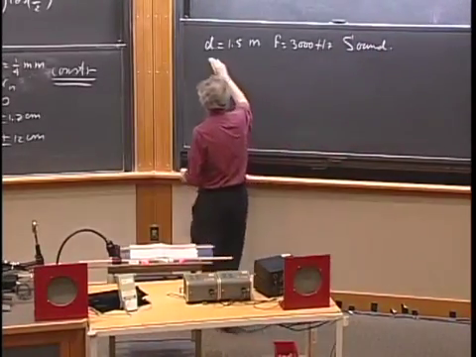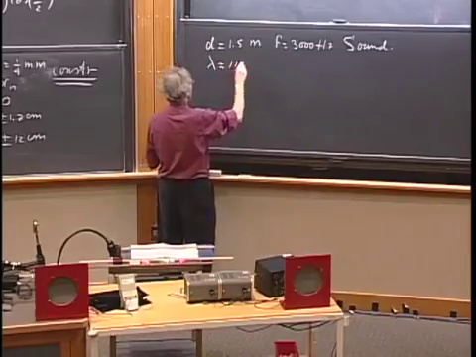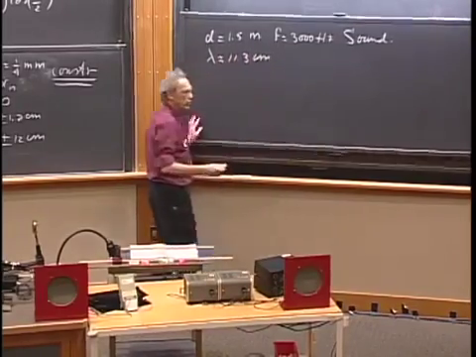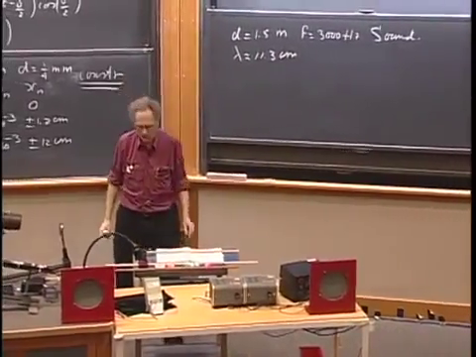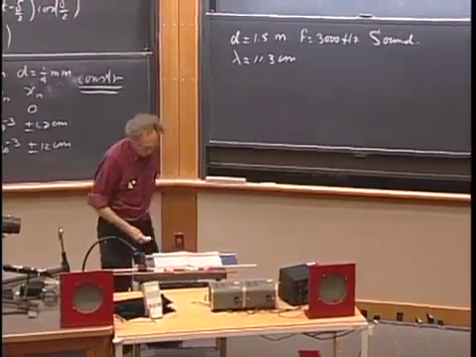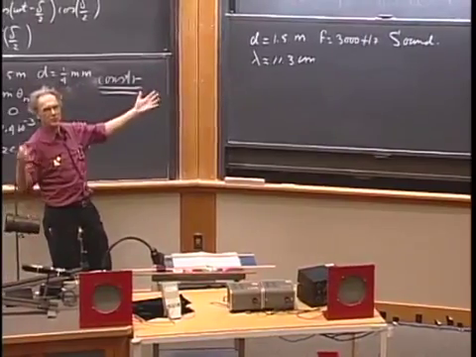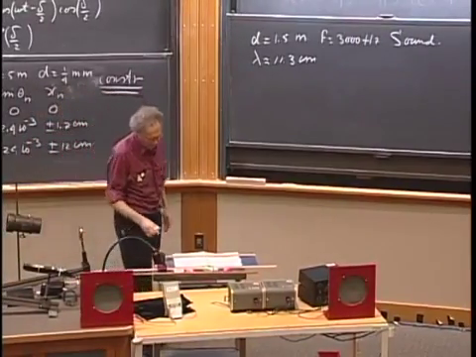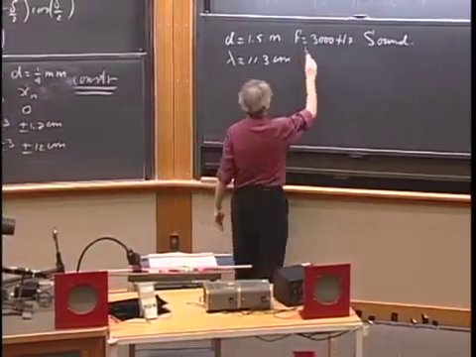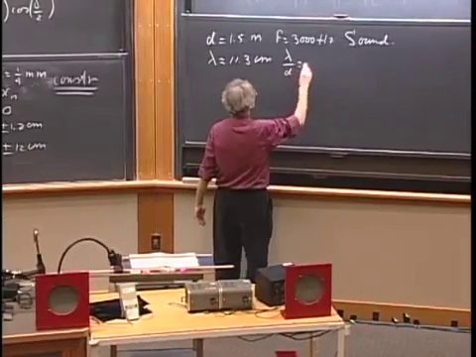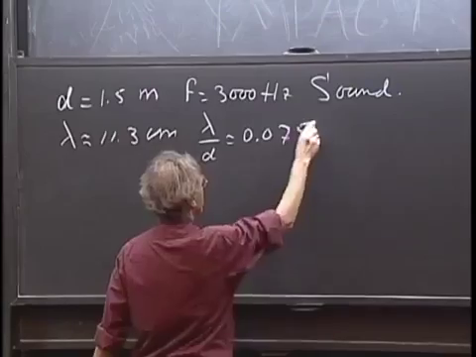And so lambda is about 11.3 centimeters if you take 340 meters per second for the speed of sound. So we have, in a way, monochromatic light, monochromatic sound, more or less one wavelength. And so you can calculate what lambda divided by d is. It's about 0.075.